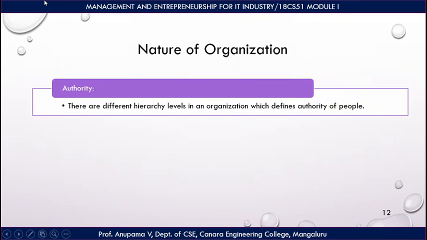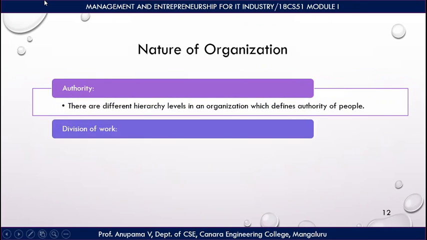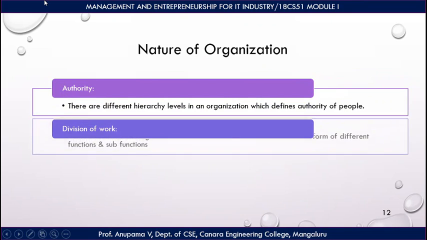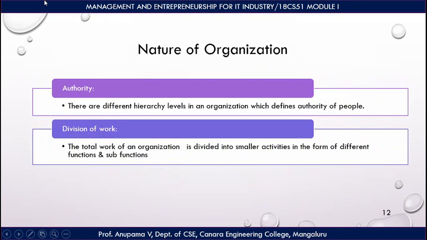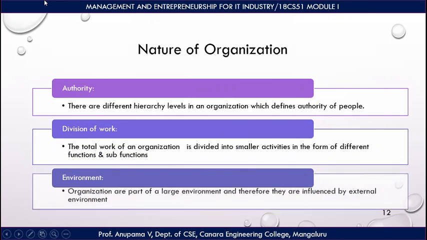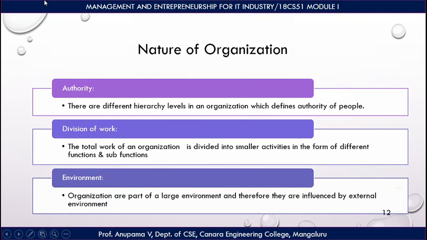There are different hierarchy levels in an organization which define the authority of the people. Division of work. The total work of the organization is divided into smaller activities in the form of different functions and sub-functions. Environment. Organizations are part of a larger environment and therefore they are influenced by external environmental factors.